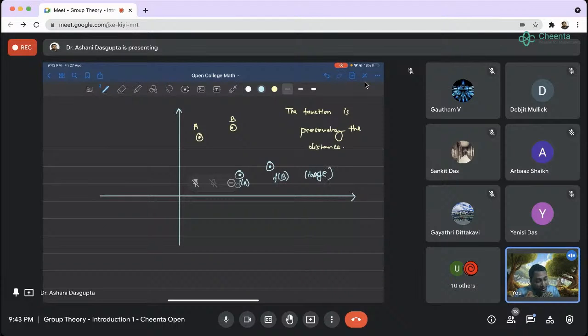If the function is an isometry, the distance between A and B and the distance between FA and FB are equal. That is the meaning of the word isometry.